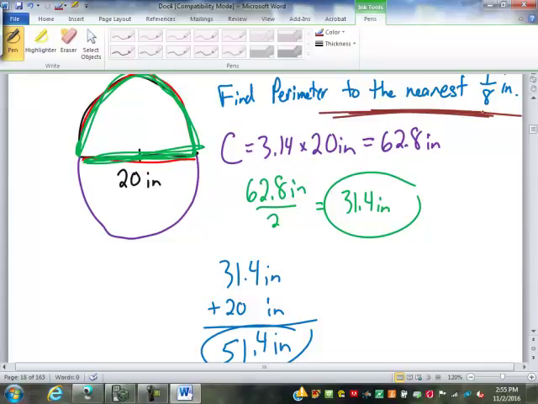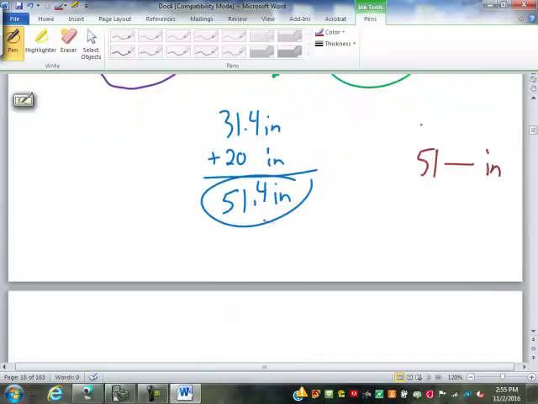It's the nearest eighth inch. Good. I could leave that as 51 inches if I wanted to, or I could change it into 4 feet 3 inches and in whatever fraction. For right now, I'm going to leave it as 51. But I need to know what fraction of an inch that is to the nearest eighth. So I'm going to take my 0.4 over 1.